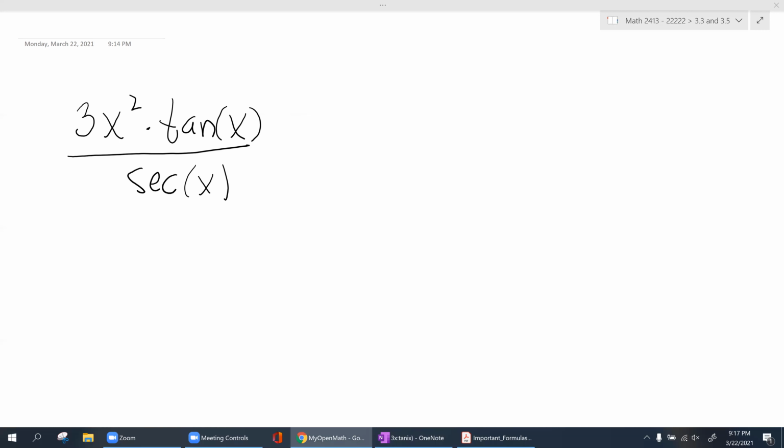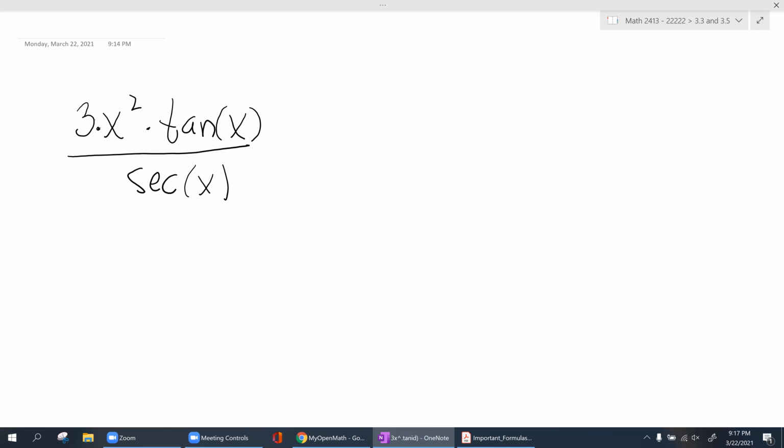So one thing I need us to do here is go ahead and rewrite everything in terms of sine and cosine. All right. What I'm doing here is splitting things up, and it's going to be a very great skill to have. Because technically I have two terms divided by one thing, or actually three terms, 3 times x squared times tangent of x divided by one thing.